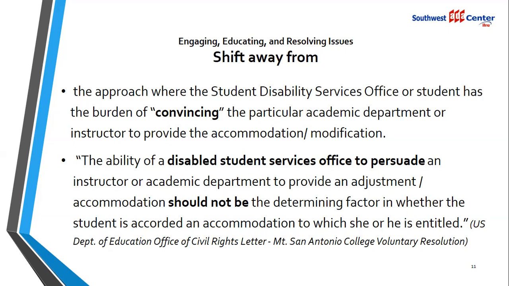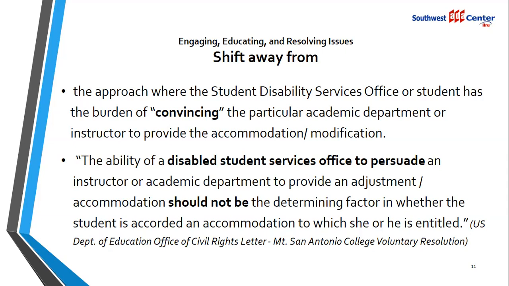Here's a quote from one of OCR's voluntary resolutions with a college. The ability of the Disabled Student Services Office to persuade an instructor or academic department to provide an adjustment or accommodation should not be the determining factor in whether the student is accorded an accommodation to which they are entitled.